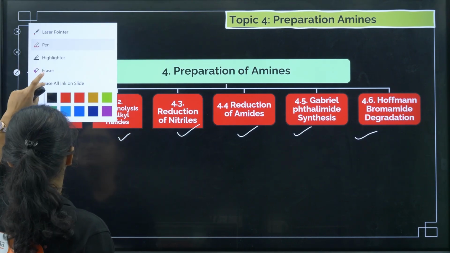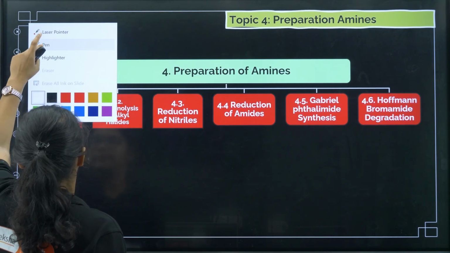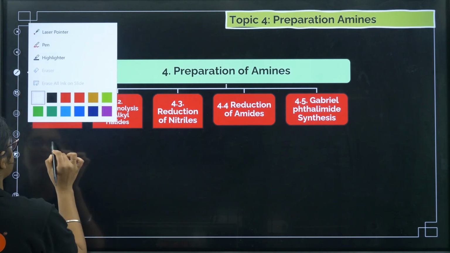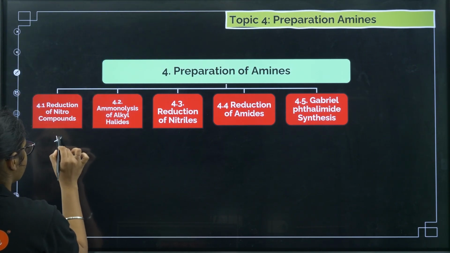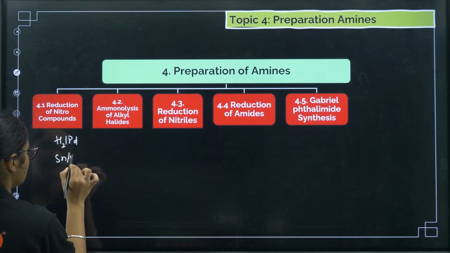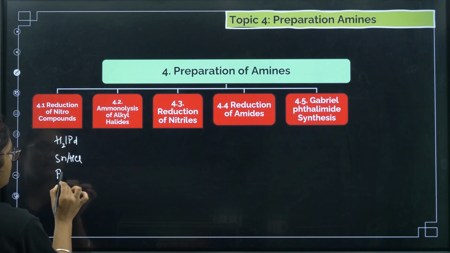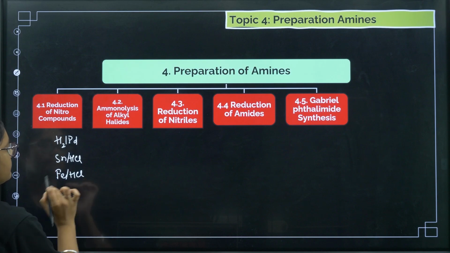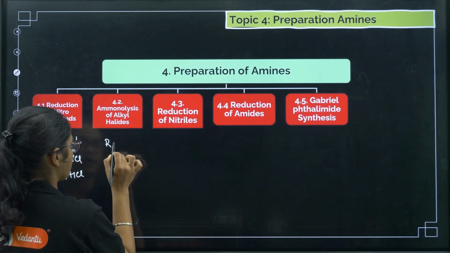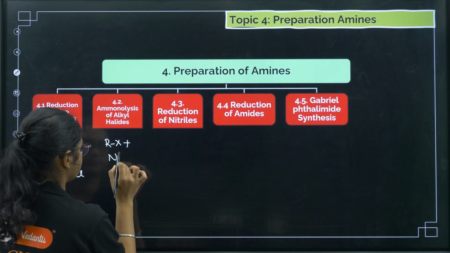Let me clear all the ink here. For reduction of nitro compounds, we had three reagents: H2 palladium, Sn/HCl, or Fe/HCl. From ammonolysis of alkyl halides, you just treat RX with NH3.